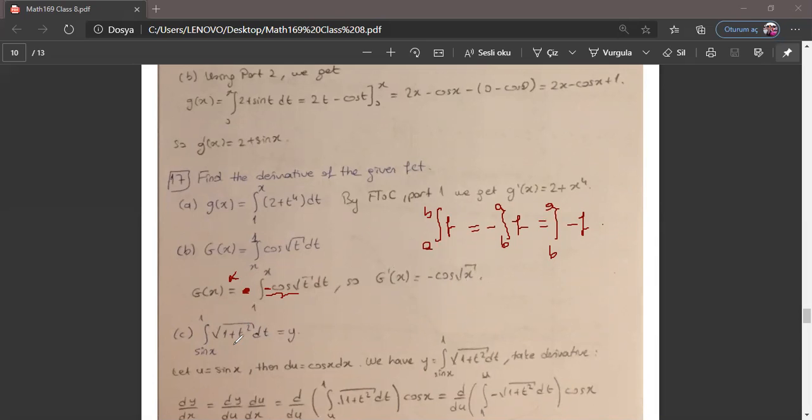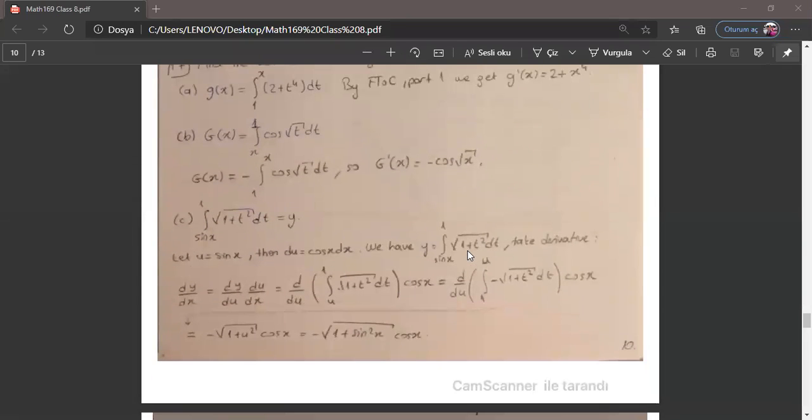Now for this, we don't have the variable x. We have a function, sine of x, right? For that, we need to make a substitution, which is so easy, don't be afraid. So we write u equals sine x, and we differentiate it and get du equals cosine x dx, okay?